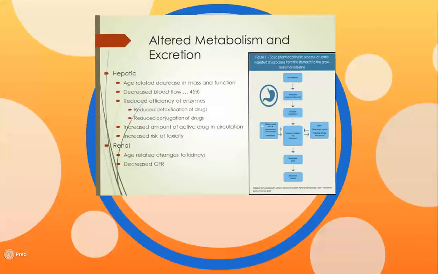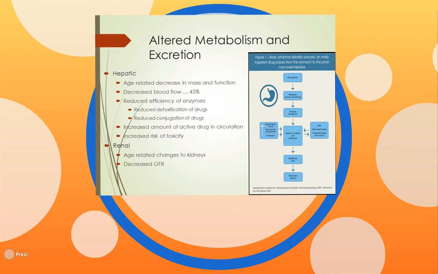Our liver and our kidneys, again, I think we pretty much hit kidneys pretty well thus far, so I'll just talk about the liver on this slide. We know that there's a decrease in mass and function, and the blood flow is about 45% decreased. We have a reduced efficiency of enzymes, so that means we have trouble detoxifying and conjugating drugs so that we can excrete them.